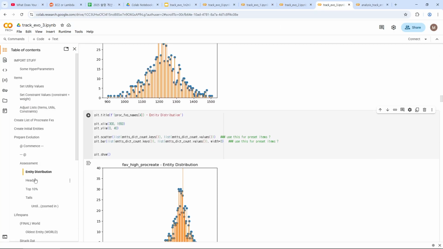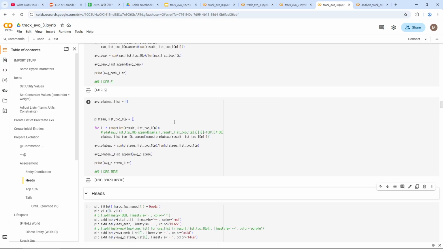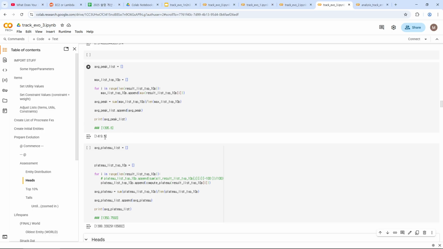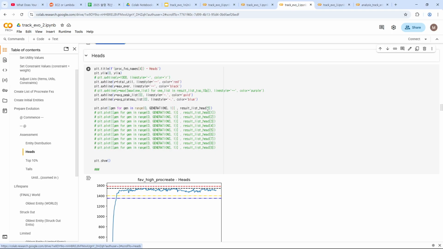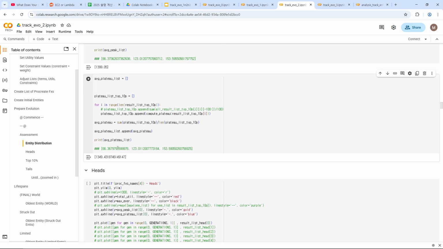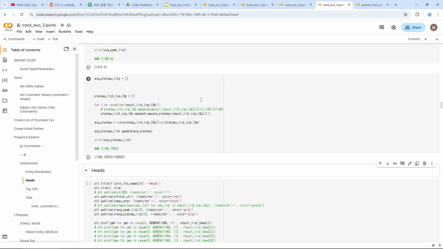And naturally, when that happens, the average peak level also rises to 1419, and the average plateau level also rises to 1388, compared to 1349 and 1399. So this is quite good.